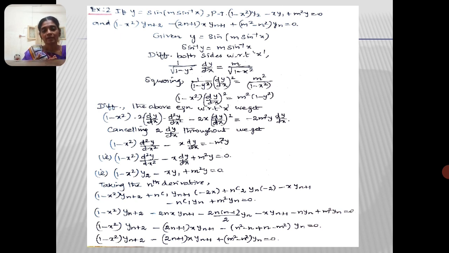So 1 minus x square yn plus 2 minus 2nx yn plus 1 minus 2n into n minus 1 by 2 into yn minus x yn plus 1 minus n yn plus m square yn equal to 0. On simplifying, we get 1 minus x square yn plus 2 minus 2n plus 1 x yn plus 1 plus m square minus n square yn equal to 0.